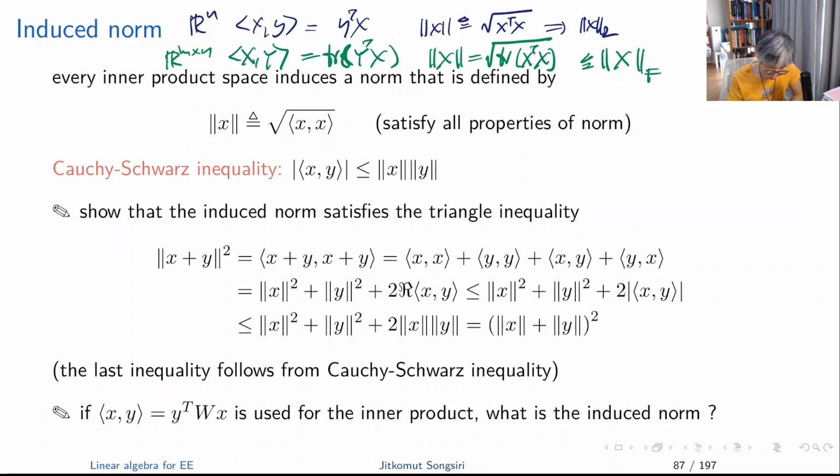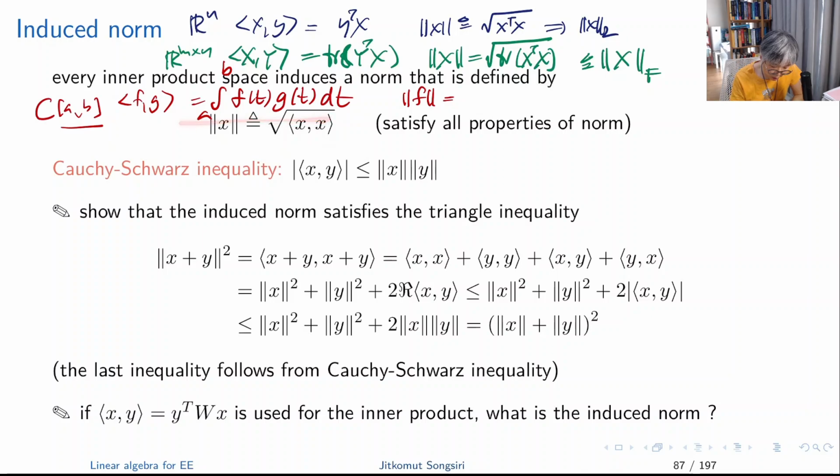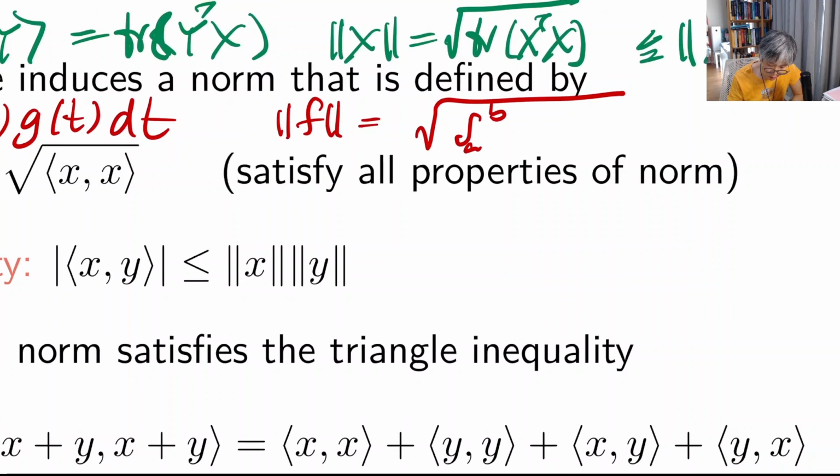You can go on. For example, what about the set of continuous functions where you define an inner product as the product of f and g, and then you integrate over the support of that continuous function. In that case, the induced norm with respect to this inner product is going to be the square root of the integral from a to b of f(t) squared dt.